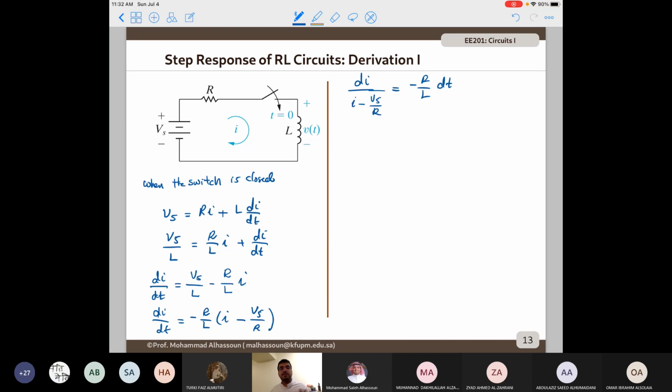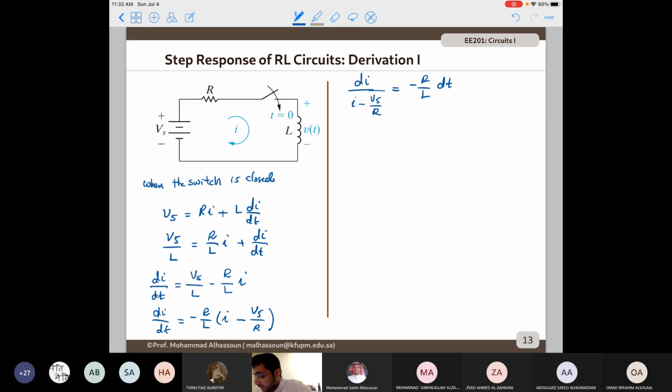You can see on the left-hand side all terms are a function of i, and on the right-hand side all terms are a function of t. So we can use the separation of variables method. In order to find i here, we need to integrate both sides.